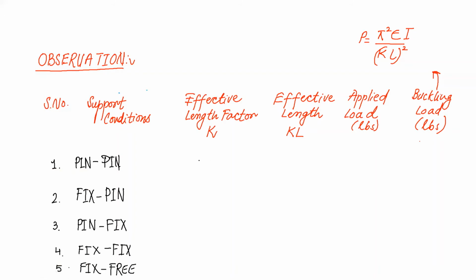Then the K factor is given, I have already told you: 1, then 0.7, then 0.7, and then again 0.7. Keep in mind we do not have this condition in our apparatus, so I am cutting it down.